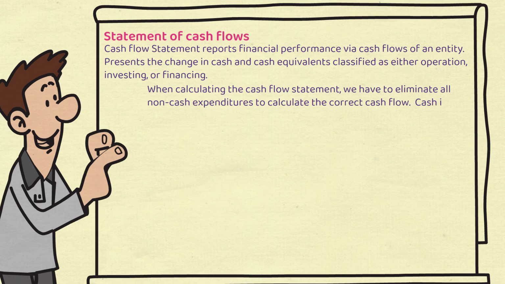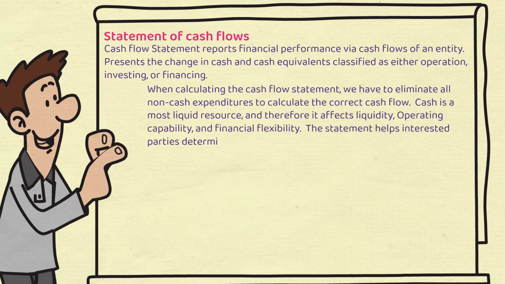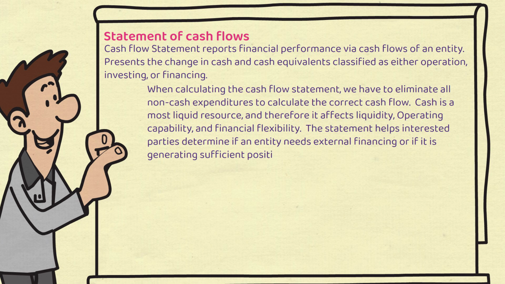Cash is the most liquid resource, and therefore it affects liquidity, operating capability, and financial flexibility. The statement helps interested parties determine if an entity needs external financing or if it is generating sufficient positive cash flows to meet its obligations and pay dividends.